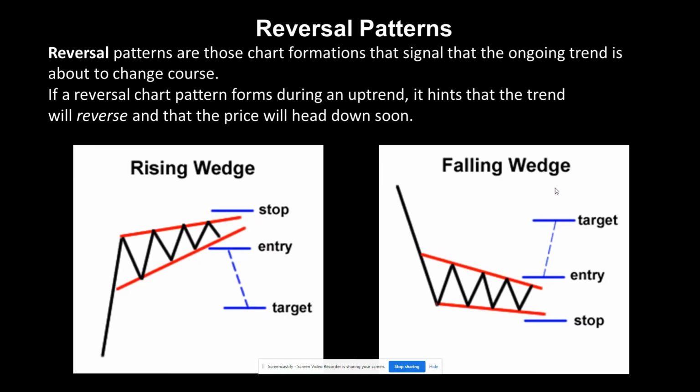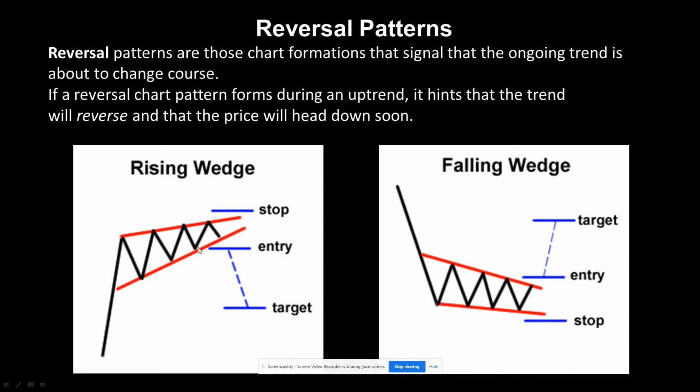Reversal pattern number 3, we have the rising wedge and the falling wedge. Here you can see the bulls are taking control, and then we see a consolidation where there is actually a contraction in terms of price, less volatility, even more, and then that's where the market will reverse to the downside, and you expect to take an entry below this level.